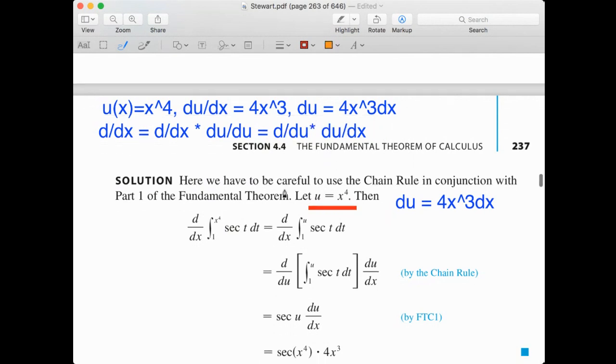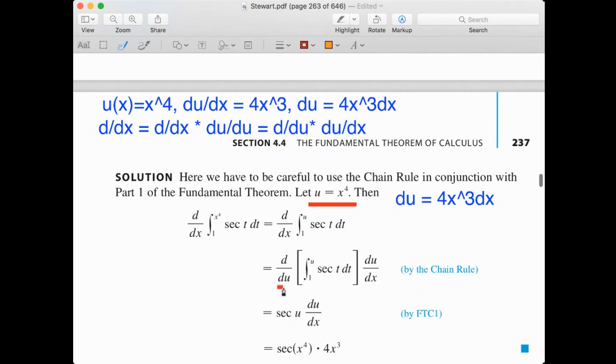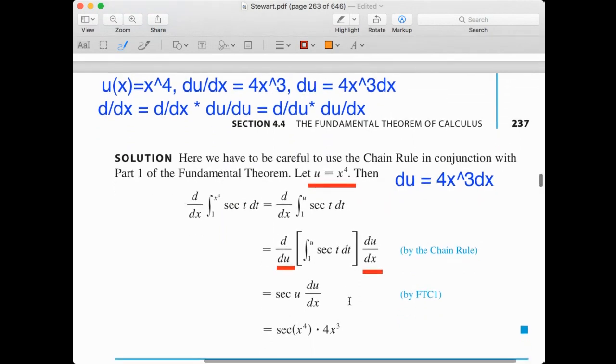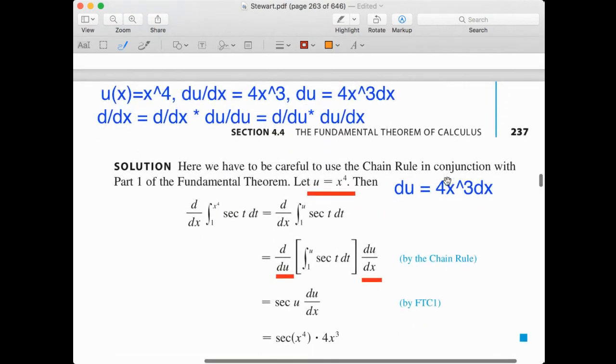So now we can rewrite this as d/du here multiplied by du/dx. If we multiply those two terms, du divided by du is still 1, so we still get back to d/dx. All right, so we know du/dx is just 4x cubed.